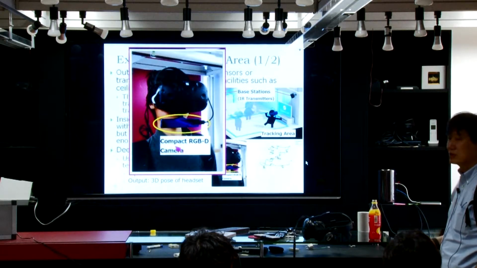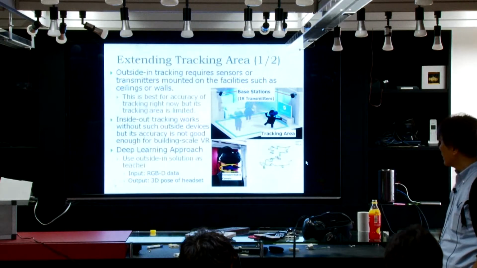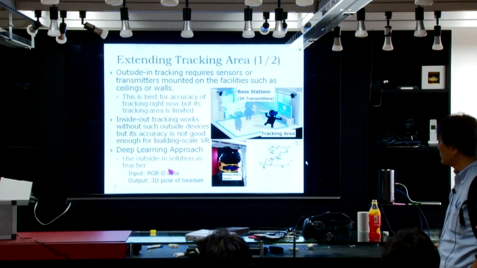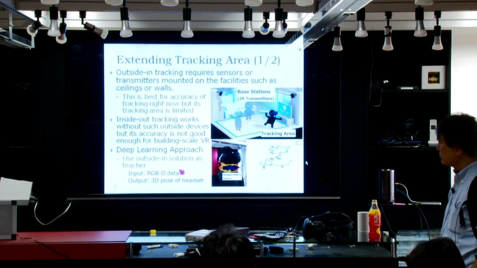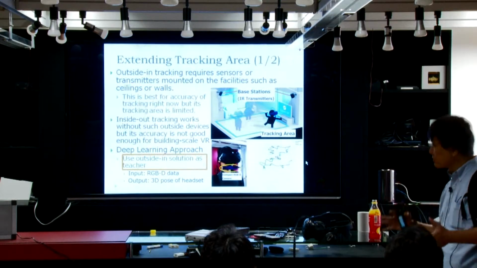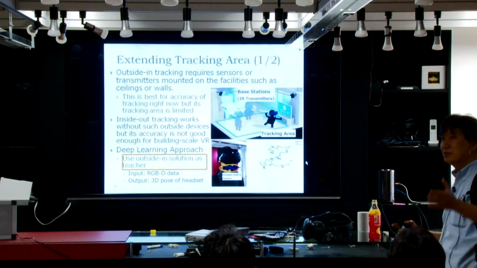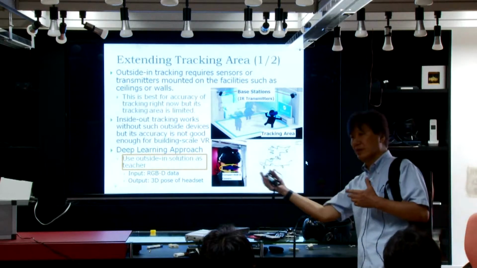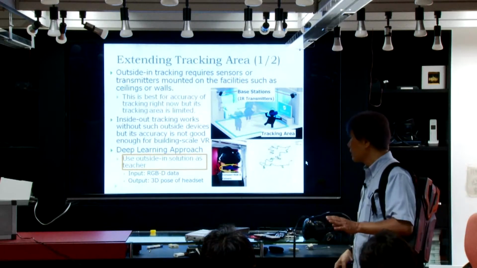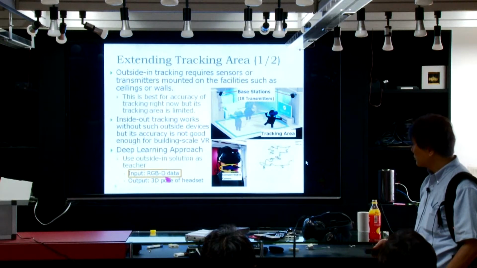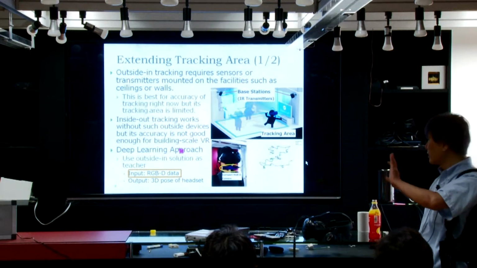This is a three-dimensional sensor. And we also developed a new deep learning method. Based on outside-in technology, based on this external sensor, but extending the area, that's our technology. The input is RGB data and three-dimensional data.